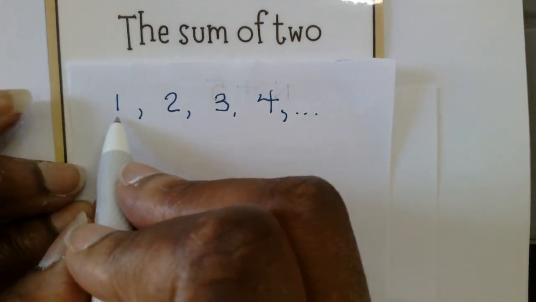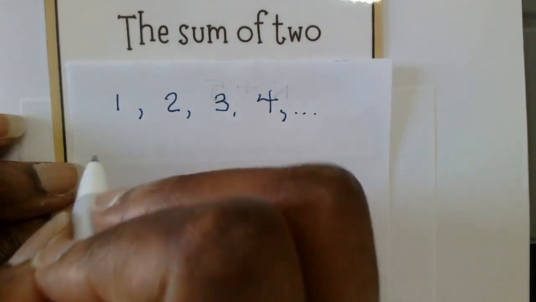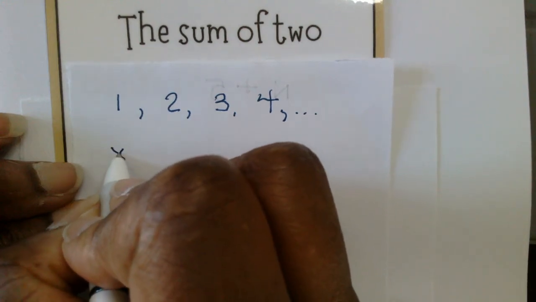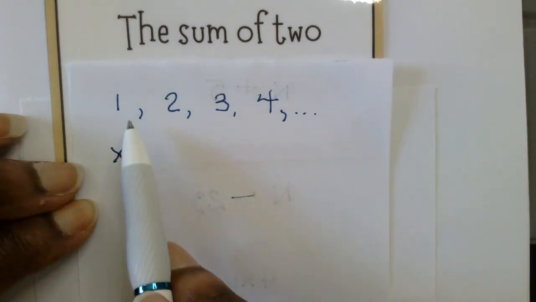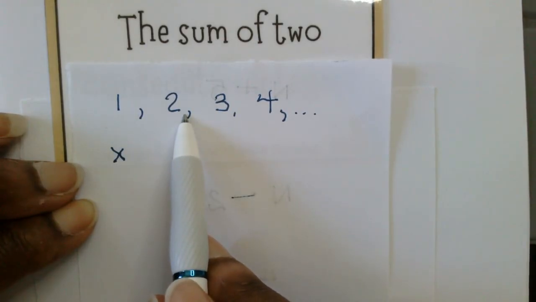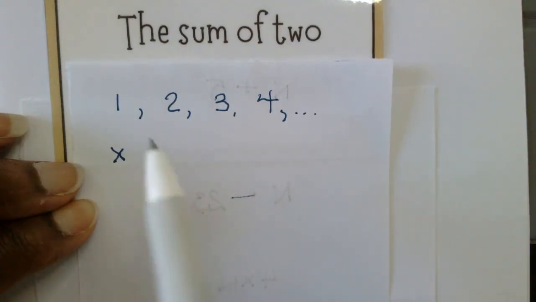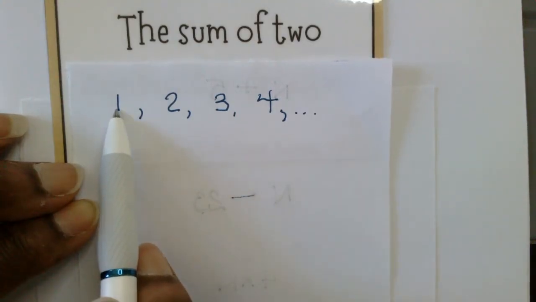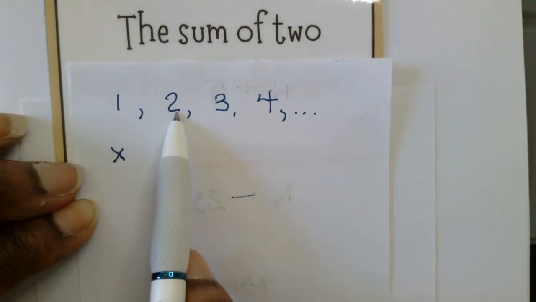If I'm starting with 1, let's say 1 is going to represent my x. How do I get from 1 to 2? What operation do I do when I start with a 1 in order to get to 2? Take a think. Just think about it a little bit.